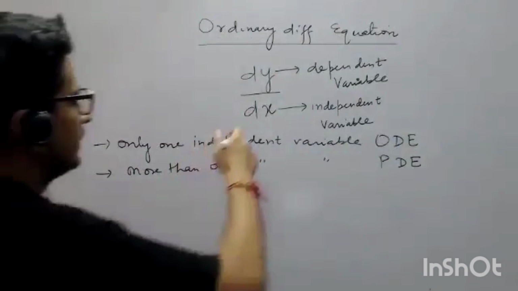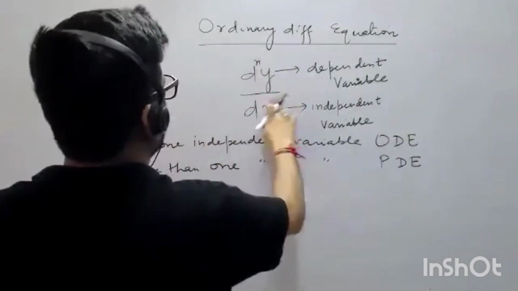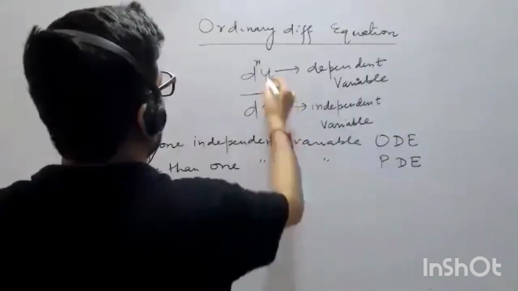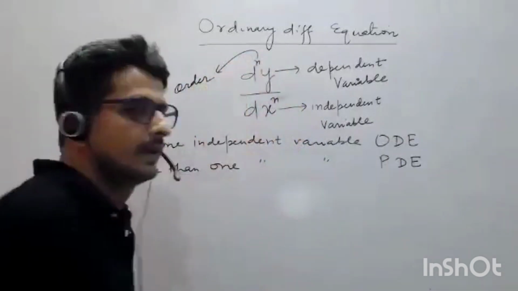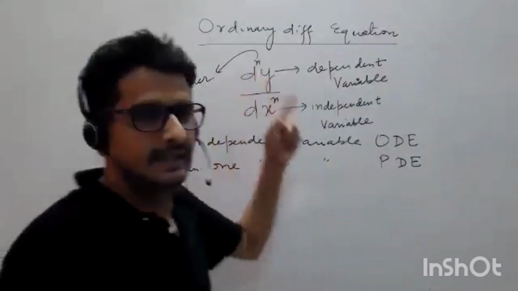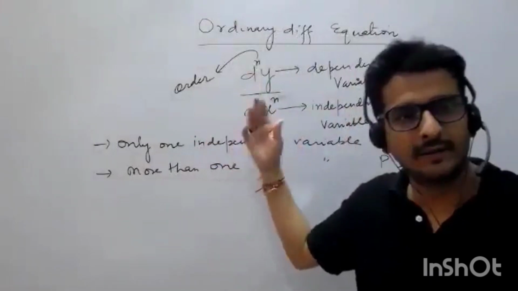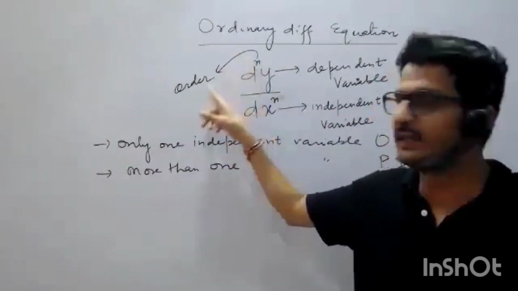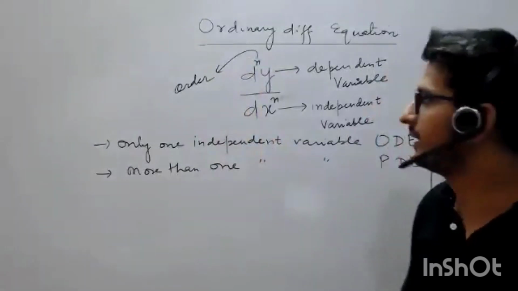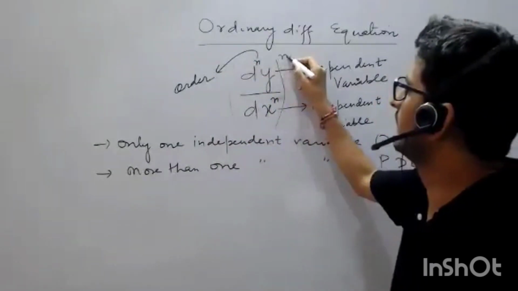Now suppose this is n, so this is called order. Okay, suppose in a differential equation you have d2 also and dy by dx also, then you will see the highest n, that will be known as the order of the differential equation. And suppose this is some power, suppose m.